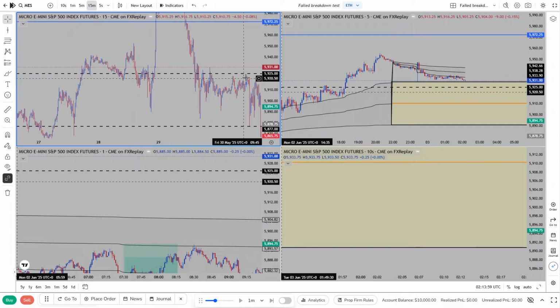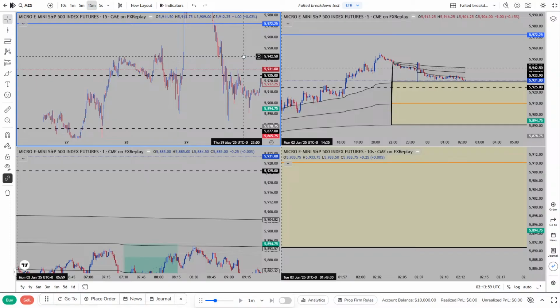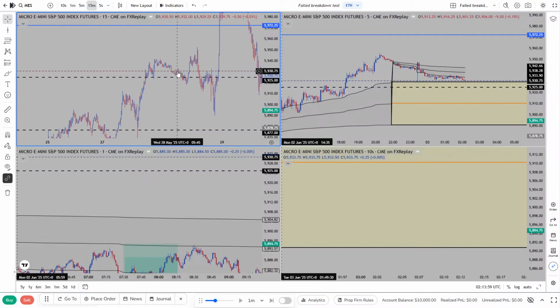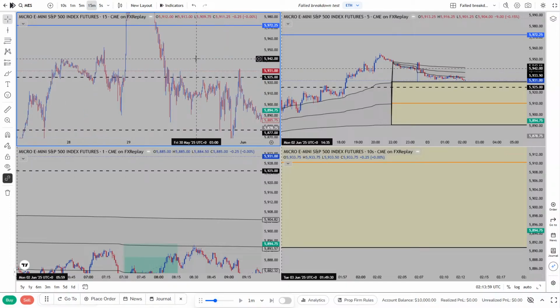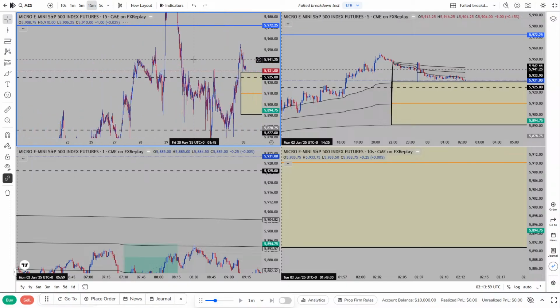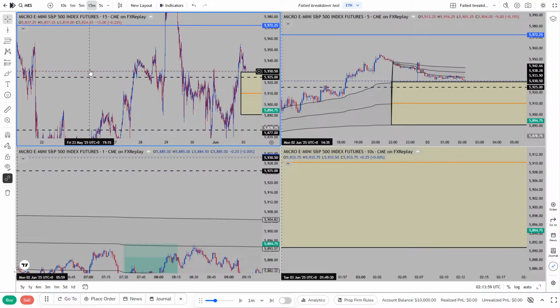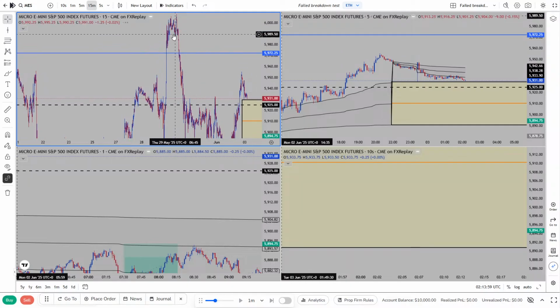So you can see here how the 59.25 is also a key level, here in the 15 minutes. You can see how that produced the failed breakdown, which produced about 25, 30 points here. Again, it did a failed breakdown again and produced a massive breakout here.